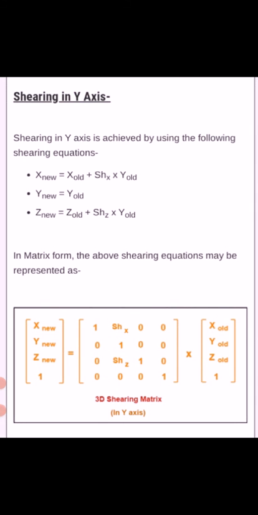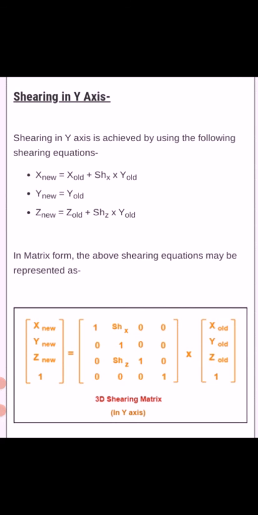Then going to shearing in y-axis. Here the y coordinate will be the same. There is no change in y coordinates. Change happens in x and z coordinates. So we can calculate x new as x old plus the shearing parameter towards x-axis into y old coordinate.